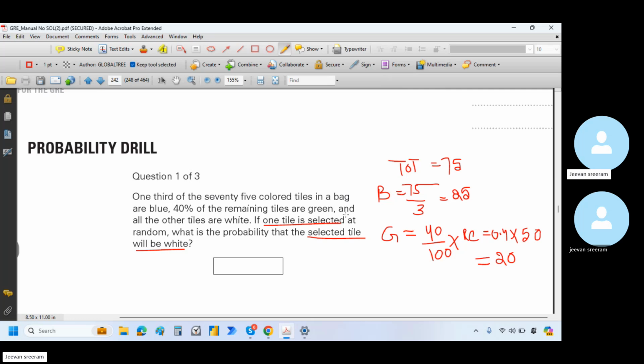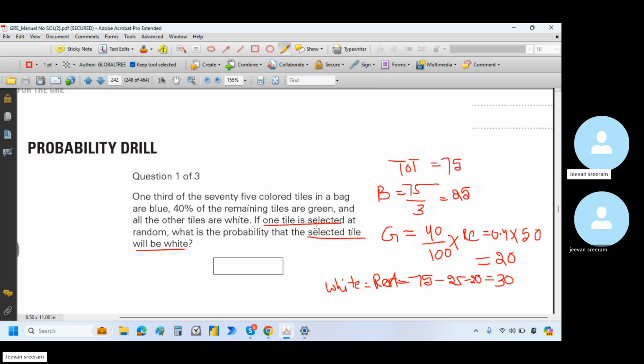And all other tiles are white. How about the rest? 75 minus 25 minus 20 is 30. So these are white. Blue are 25, green are 20, white are 30.